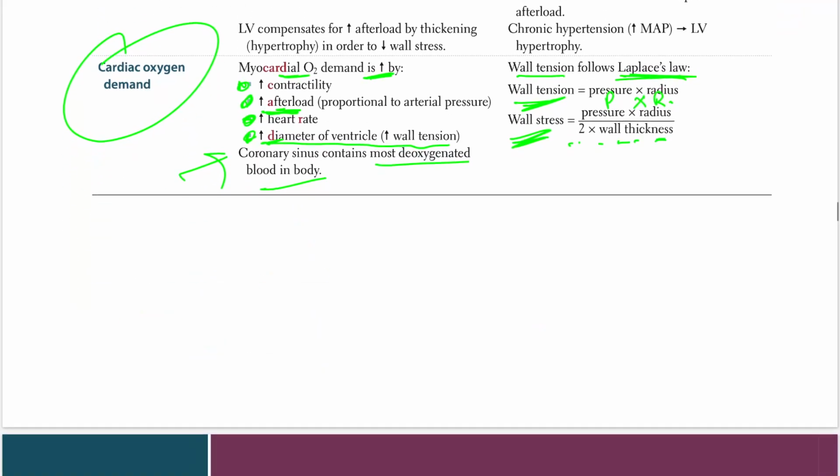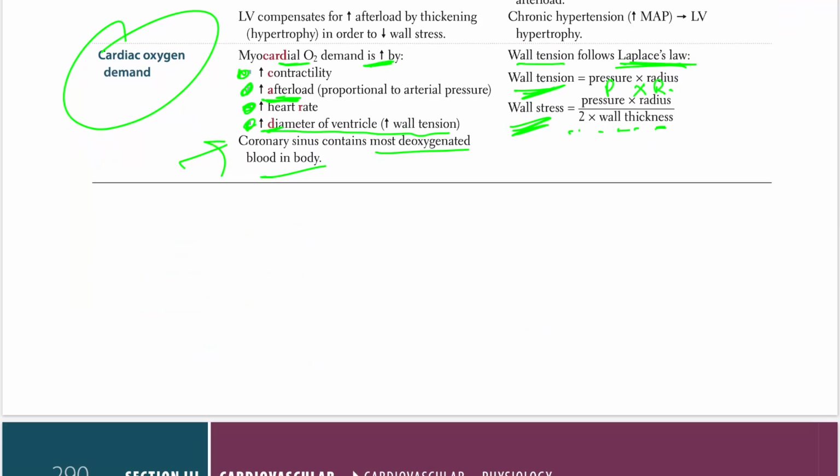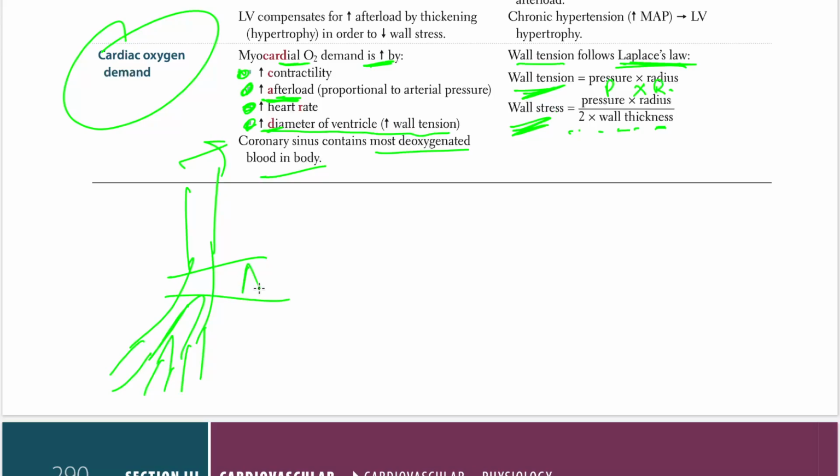Okay, let's talk about one extra thing here. We have the aorta, which is a big artery, right? After that, we go into small arterioles, which are sort of a branching. These arterioles here have the highest resistance.